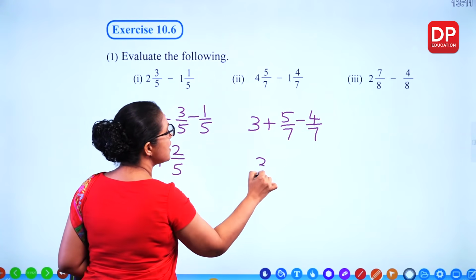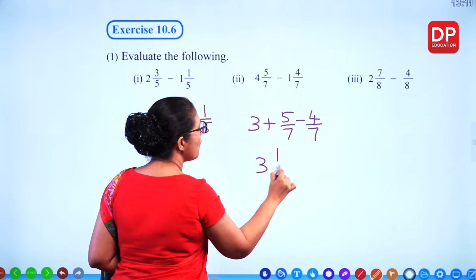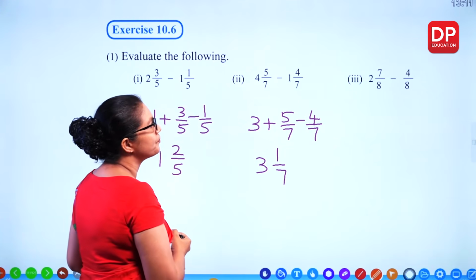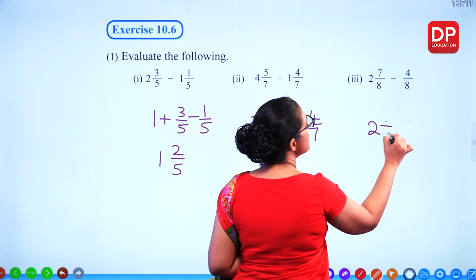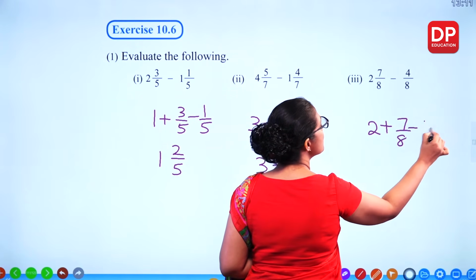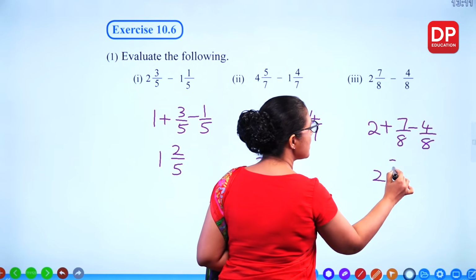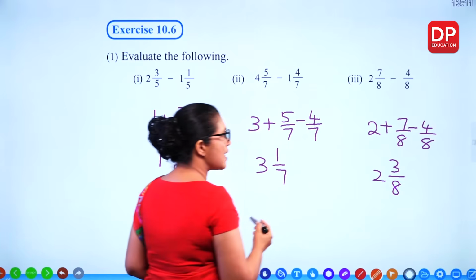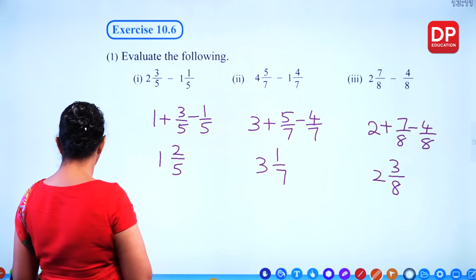Same denominator, you can subtract straight away. 5 minus 4, that's 1. This one, 2 is the whole part. 7 over 8 minus 4 over 8. So 7 minus 4, that's 3. Same denominator, you can subtract the numerators.